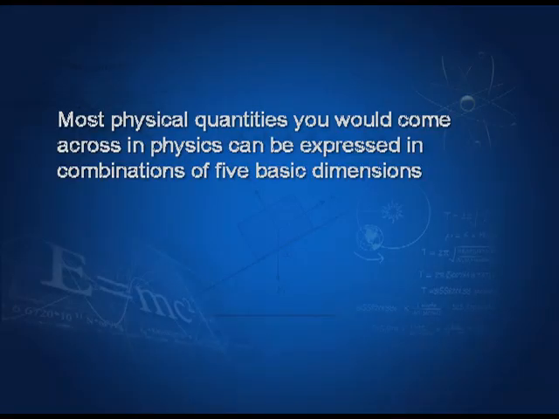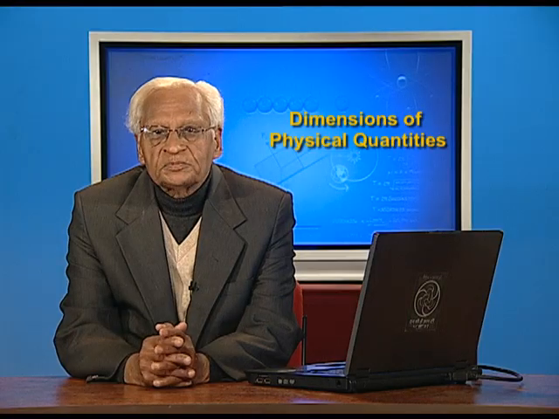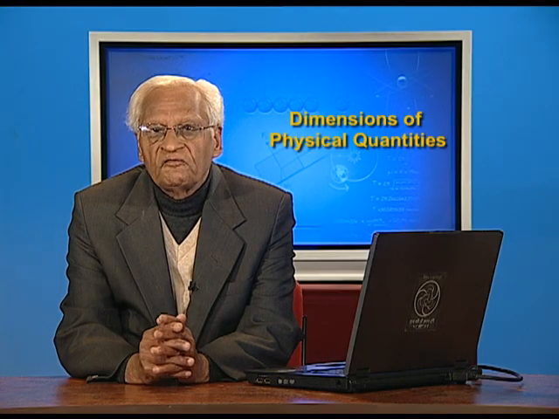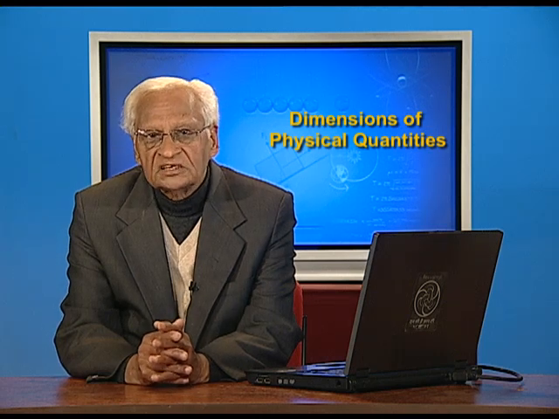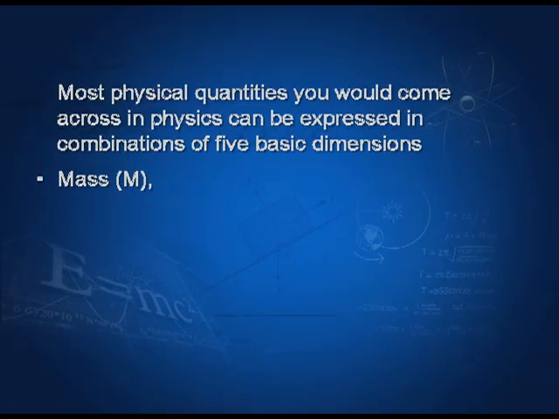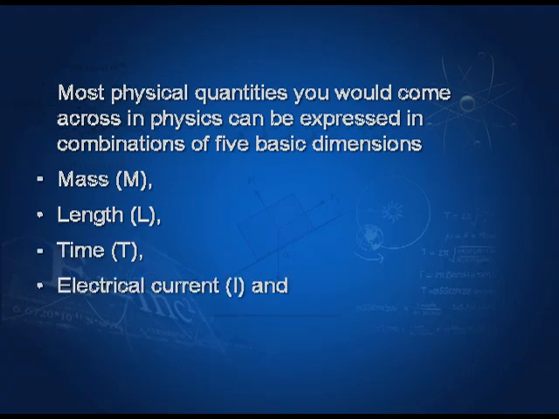You know, most physical quantities you would come across in physics can be expressed in combinations of 5 basic dimensions. What are these dimensions? Mass, denoted by capital M, length, denoted by capital L, time, denoted by capital T, electrical current, denoted by capital I, and temperature, denoted by the Greek letter theta.